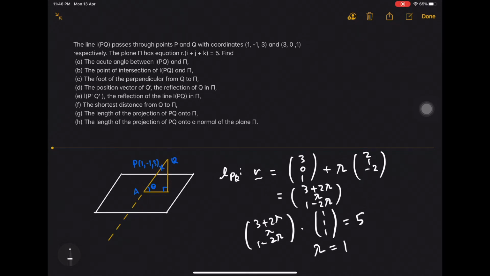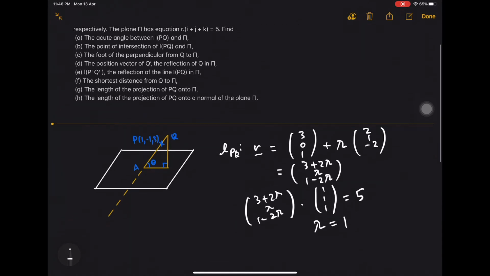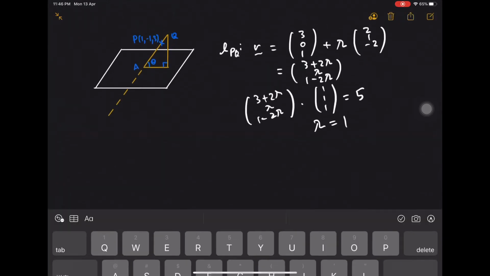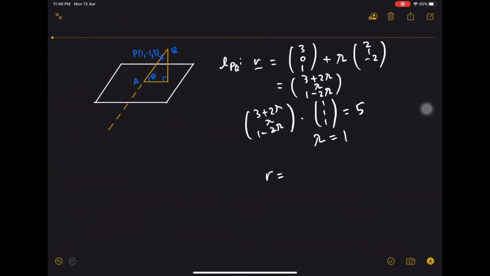This means that the line is intersecting with the plane, and you're going to substitute this unknown into the line.